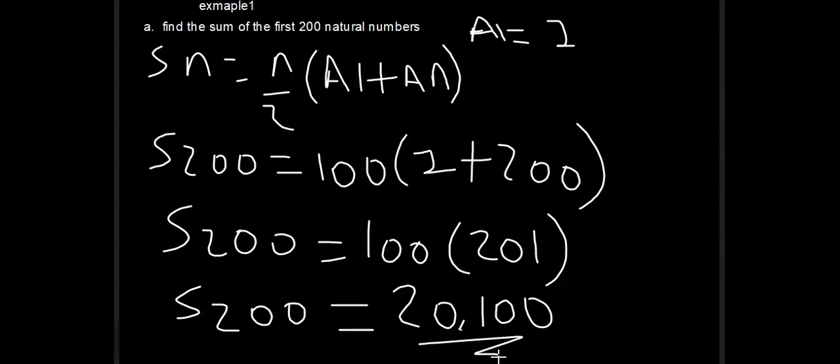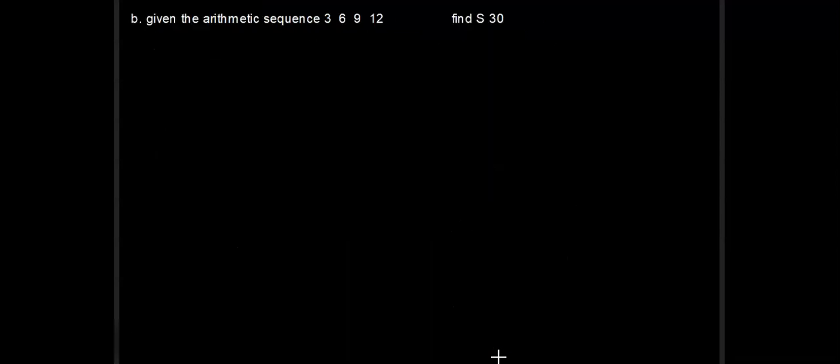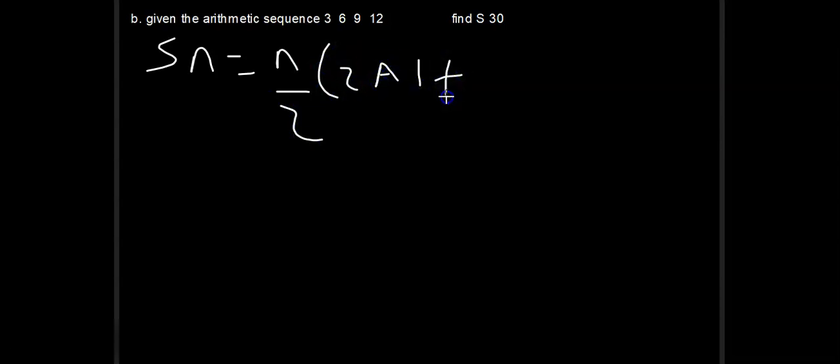Now let's go to some other examples. This one is a different example. Given the arithmetic sequence 3, 6, 9, 12, find the sum of the first 30 terms. I'm going to use the second formula, Sn equals n over 2 times the whole 2a1 plus n minus 1 times d.